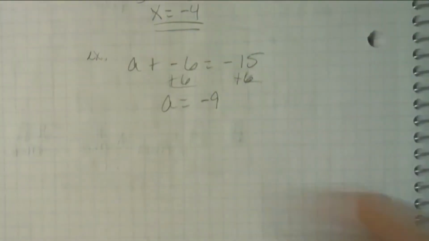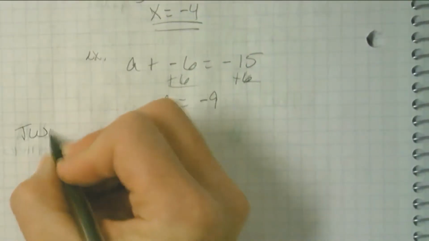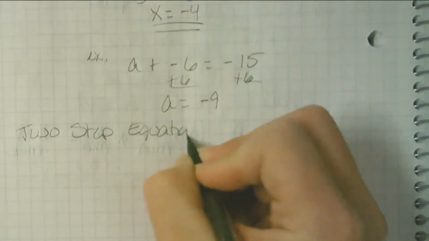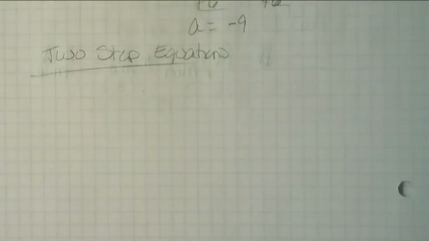All right, when we talk about two-step equations, what do you suppose that means? If a one-step equation is we need one step or operation to get the variable alone, what do you think a two-step equation is? Ada? I like how you're thinking, but that's not it.